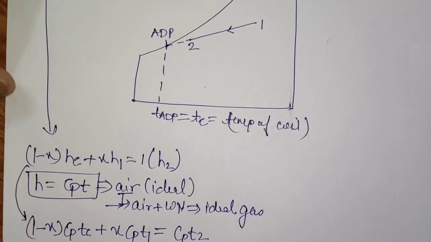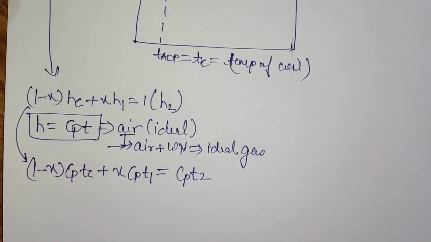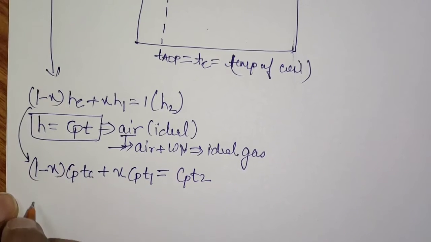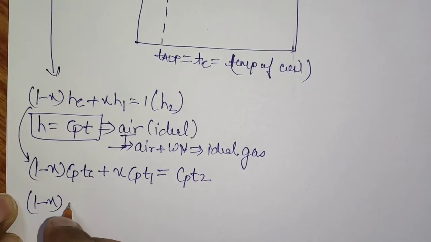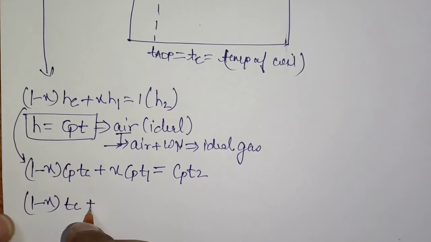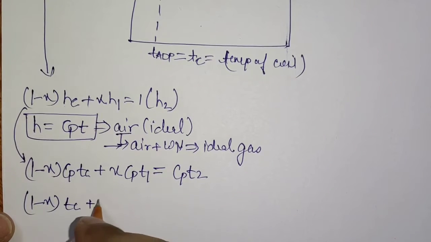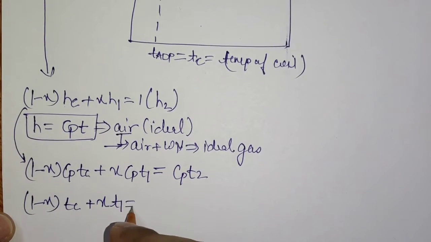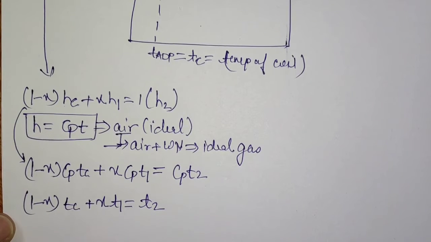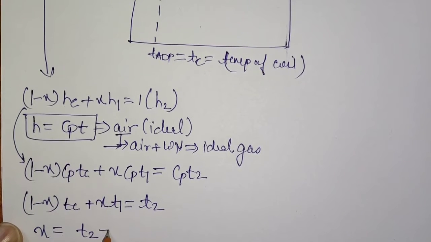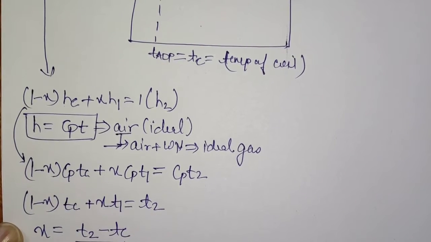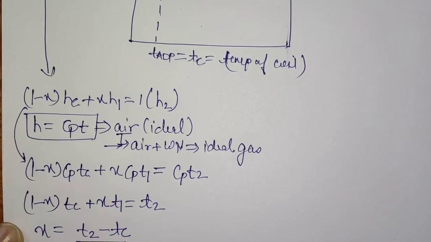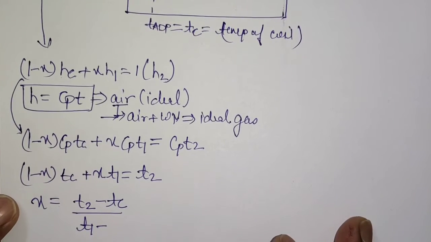Cancelling out the Cp, we get (1 minus x) Tc plus x T1 equals T2. If we solve this equation, we get the value of x as (T2 minus Tc) upon (T1 minus Tc).